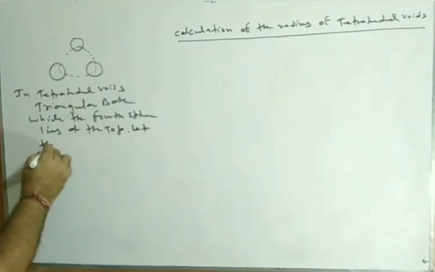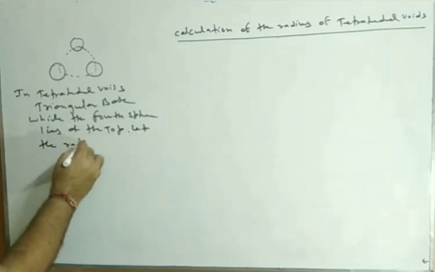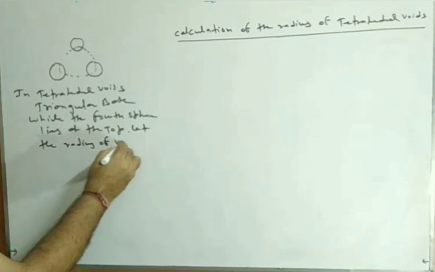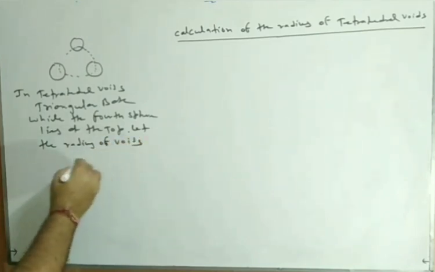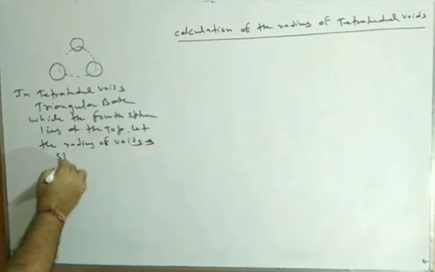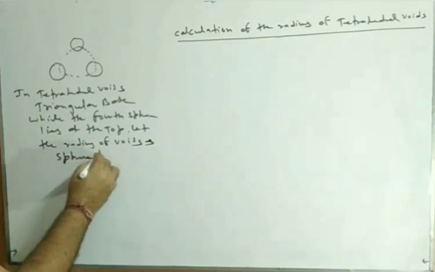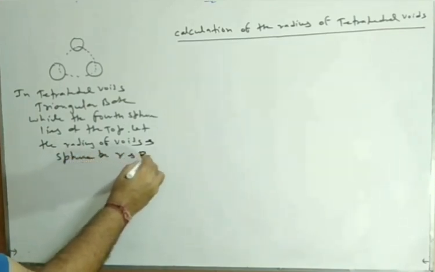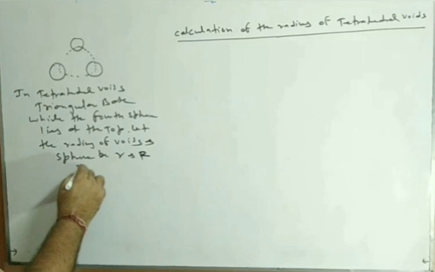Let the radius of the void and sphere be small r and capital R respectively.